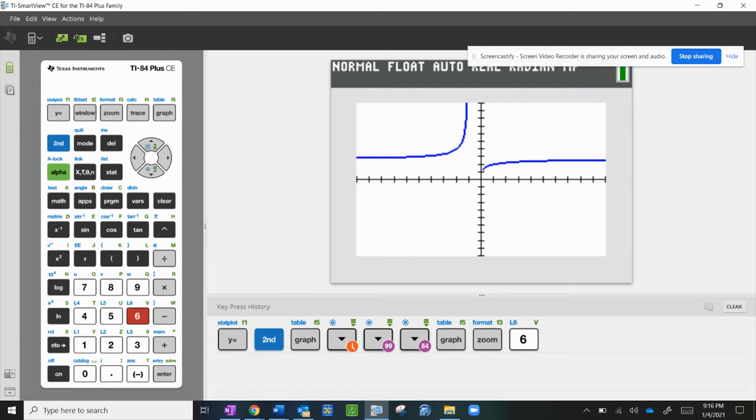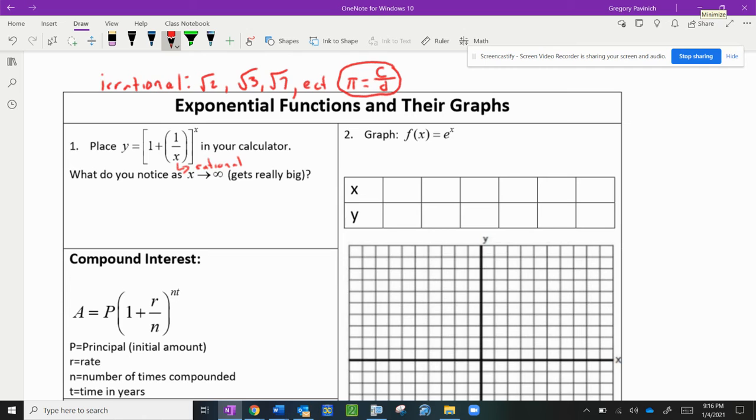You'll notice that it ends up being this asymptote right here in the middle between these two graphs, this y equals 2 point. Both sides are approaching that asymptote, whether it gets negative or positive. Okay, and we're going to give this an e, and this is 2.7.